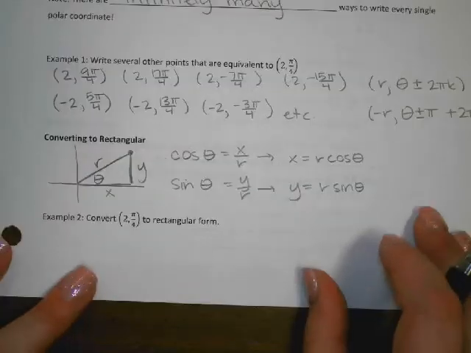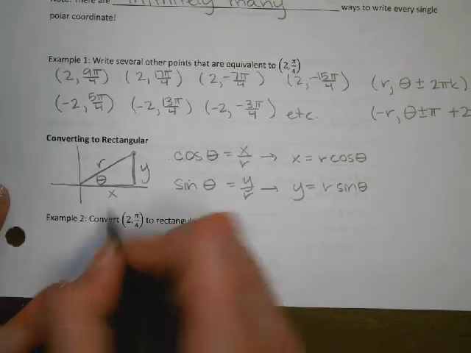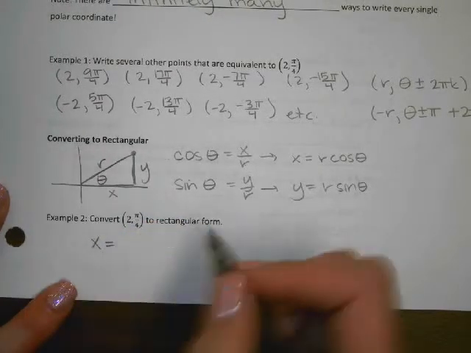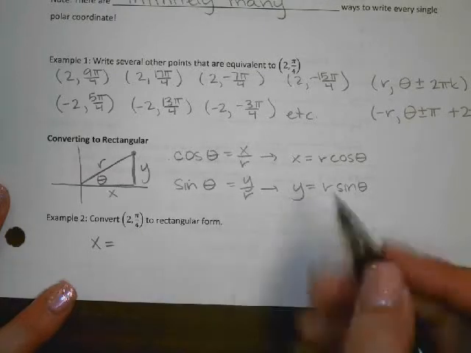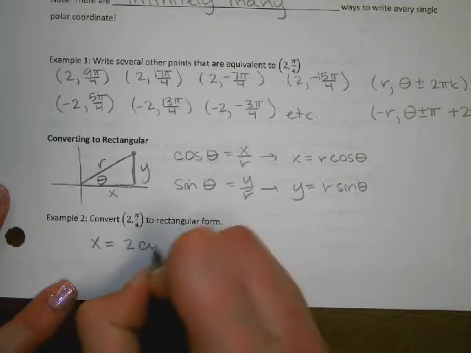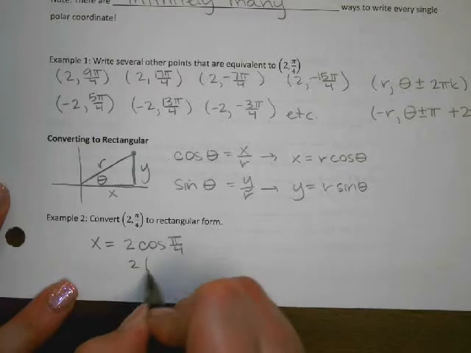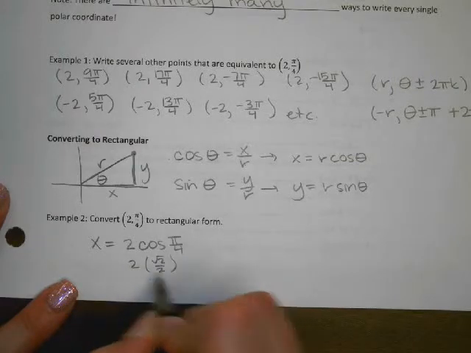Okay, so if I have the polar point (2, pi fourths) and I want to convert it into rectangular, then I just need to plug the r and the theta into these formulas. So x equals r times cos theta, and that's 2 times root 2 over 2.